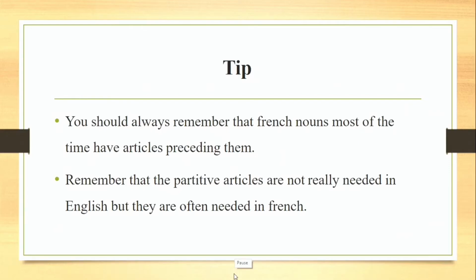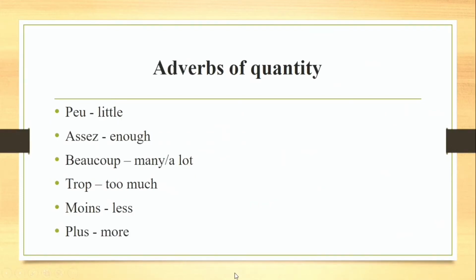Okay, so you should always keep it in mind that French nouns are most of the time preceded by articles. And then also partitive articles are not really needed in English as they are used and needed in French. So here are some of the adverbs of quantity in French.